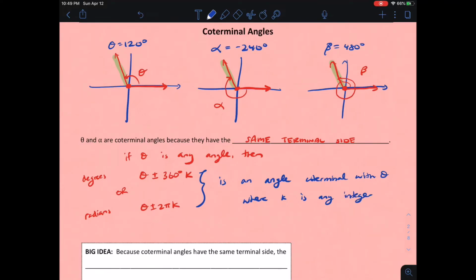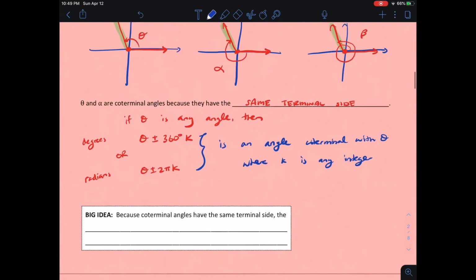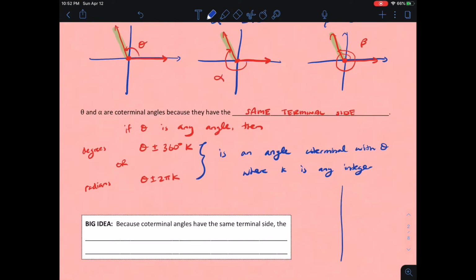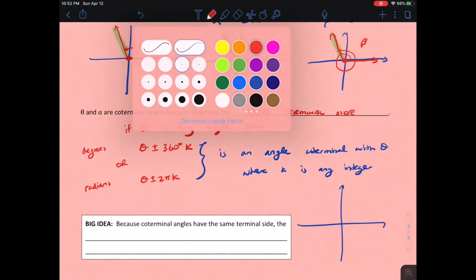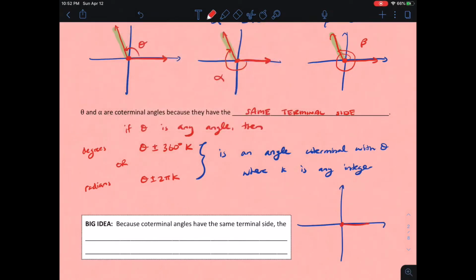So now the question is, why do we care about coterminal angles? Well, there's something special that happens with them. If you remember in the previous video lesson, we were dealing with trig functions of angles that weren't acute. Let me draw an angle in quadrant 2. Let's draw 150 degrees.